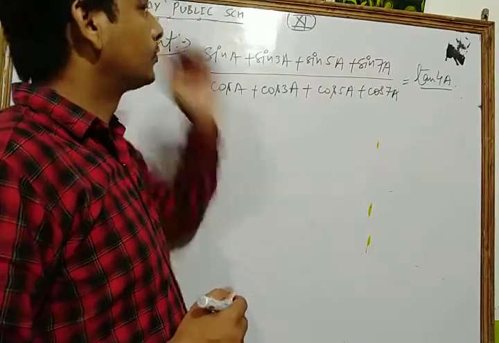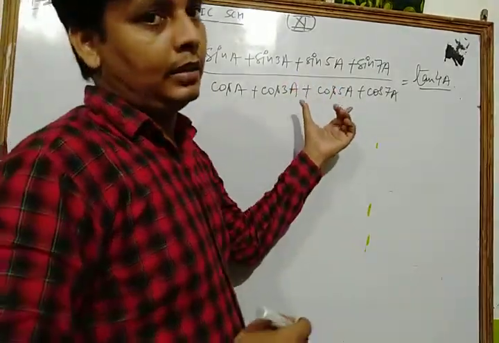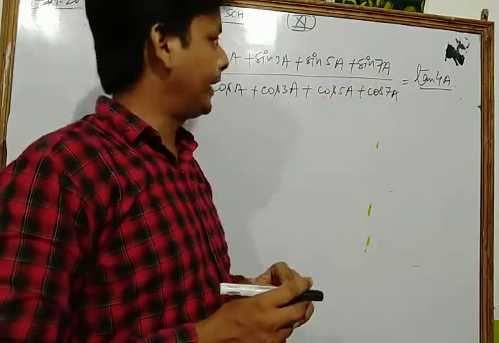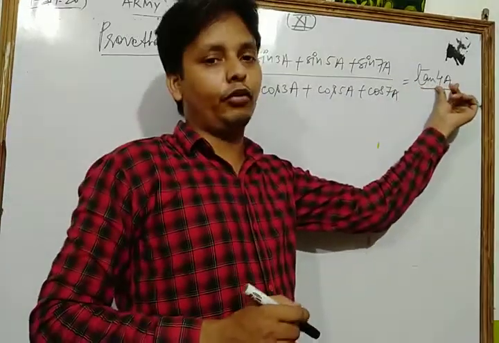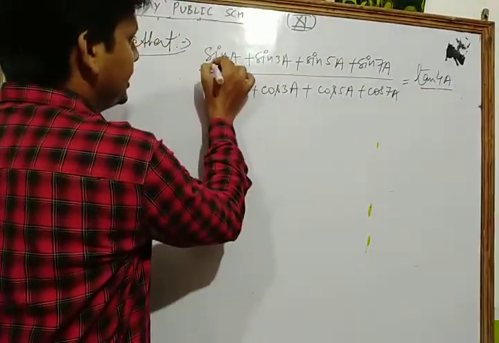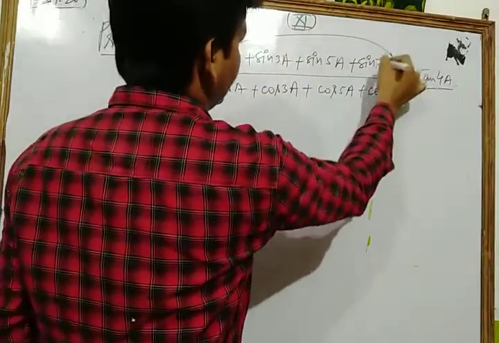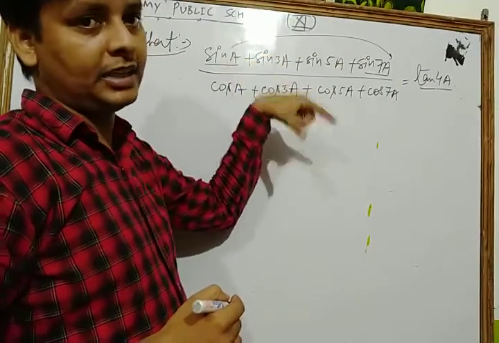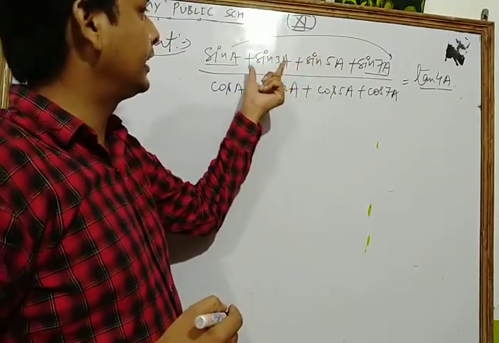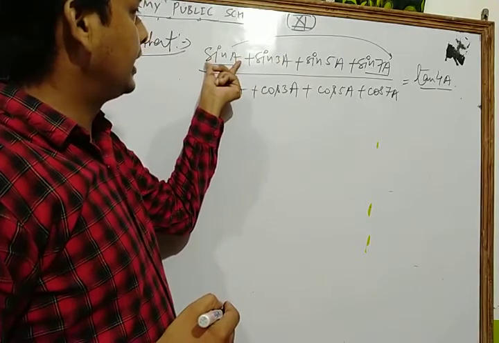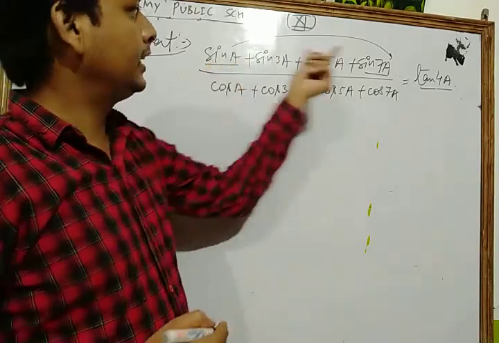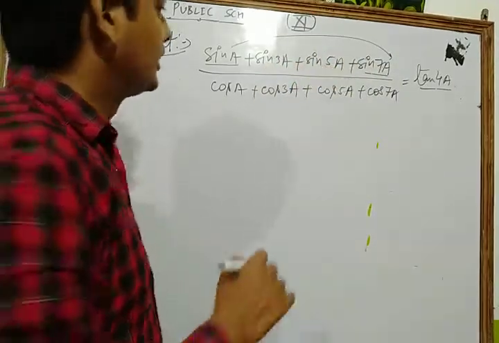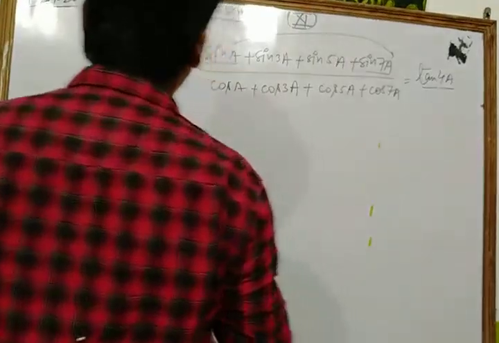Now let's see. First we observe this question carefully, and we have to show tan 4A. So first we arrange sin A and sin 7A together, because if we add 7A plus A, that is 8A, by 2 we get 4A. So we set sin A and sin 7A together, and 3A and 5A together. Same work done in the denominator.